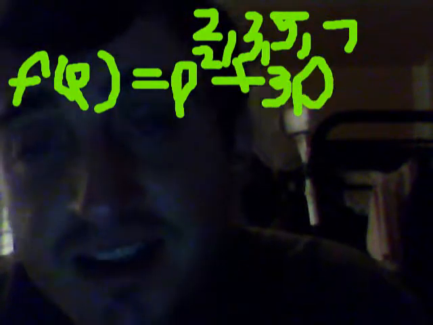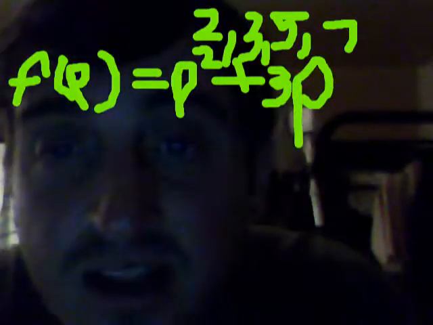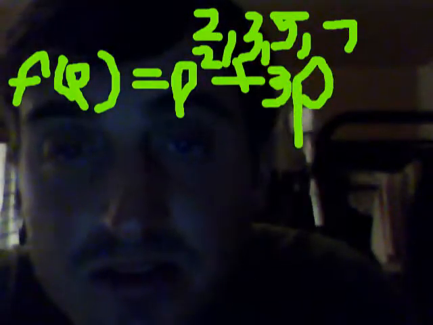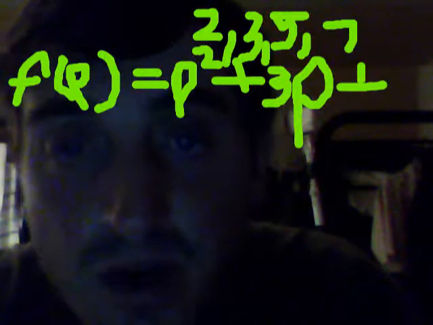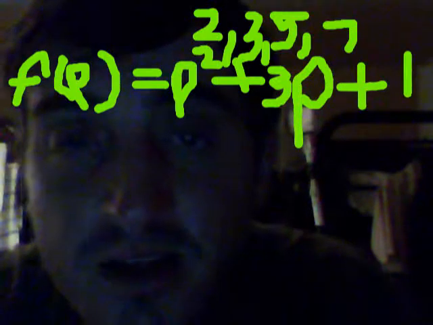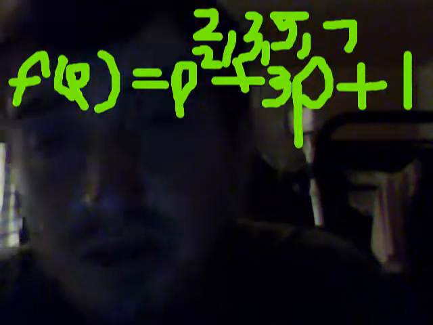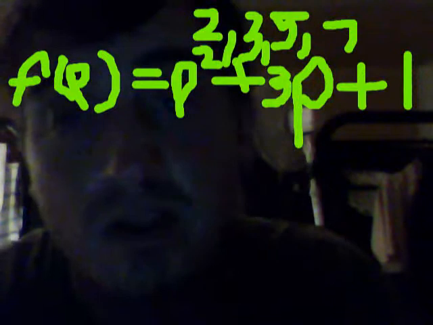Man, these touch pads are terrible. Alright, so that's the formula. F of p for prime, p squared plus 3p plus 1.